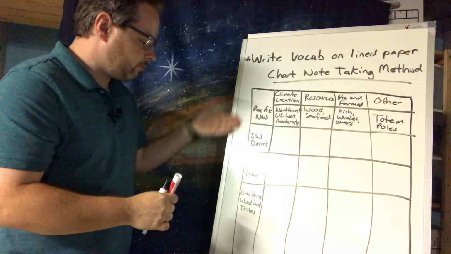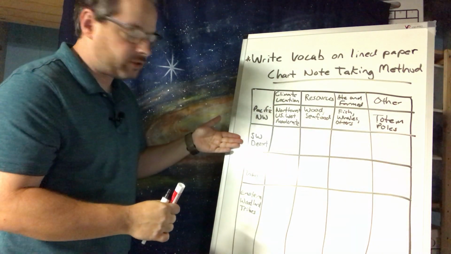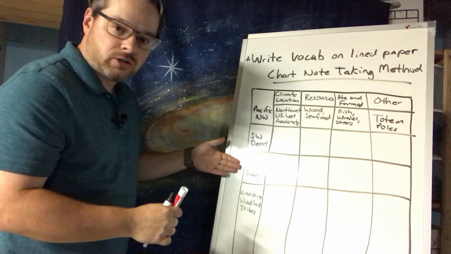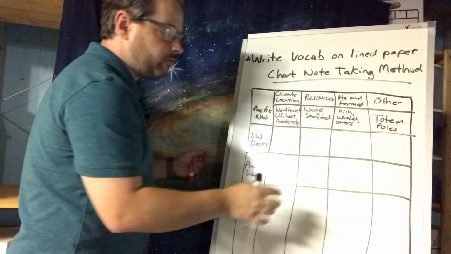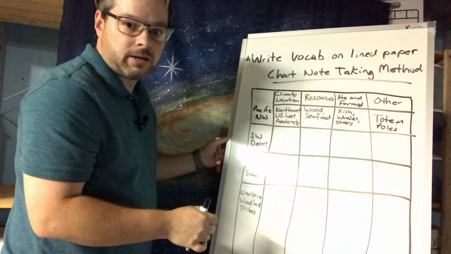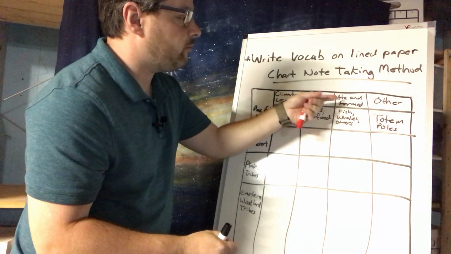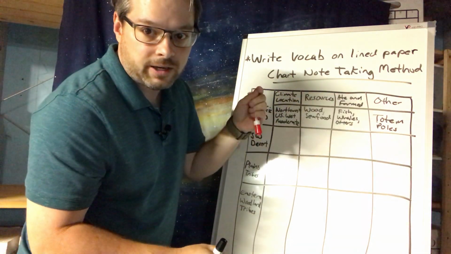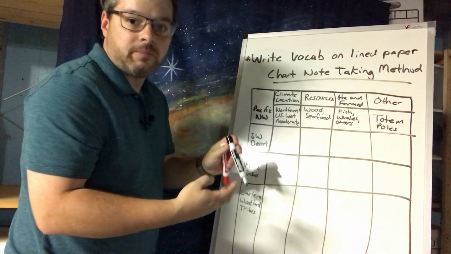So you're going to put in your information, okay? Pacific Northwest, Southwest Desert, Great Plains tribes, Eastern Woodland tribes, and you're just going to plug in the information in all of these categories that are here: climate and location, resources, ate and farmed, other. Okay, that's it. It's not very fancy, but it gets you the information.